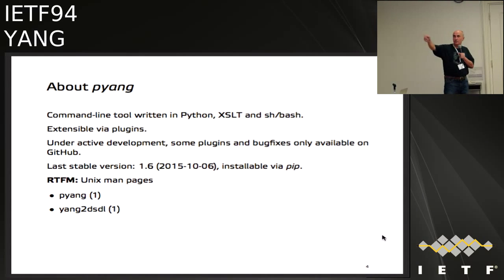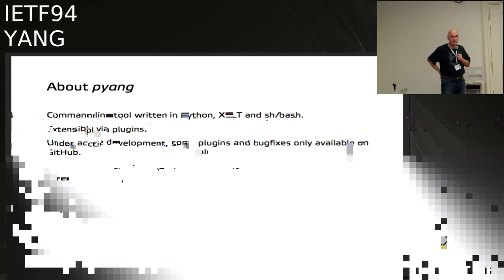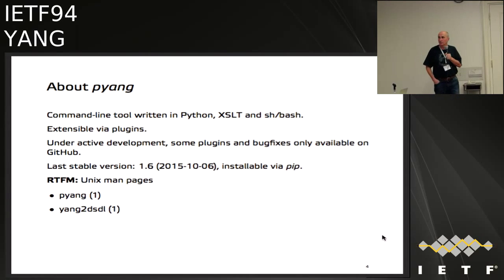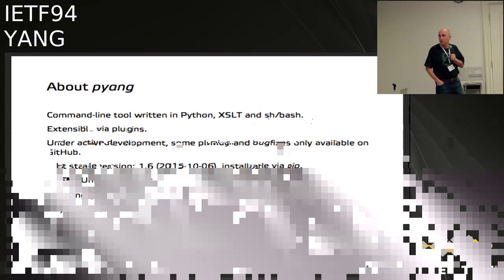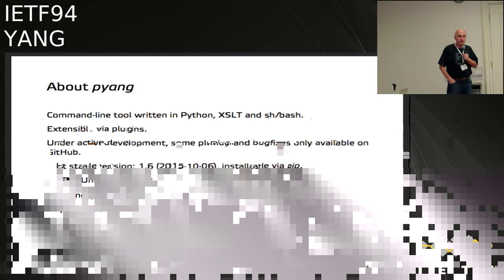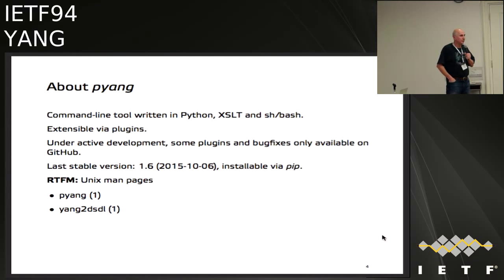But anyway, this new version is installable via the standard Python packaging tool pip. And if you have an older version, I would recommend you to install this new version, because it has other nice features like bash completion and so on.